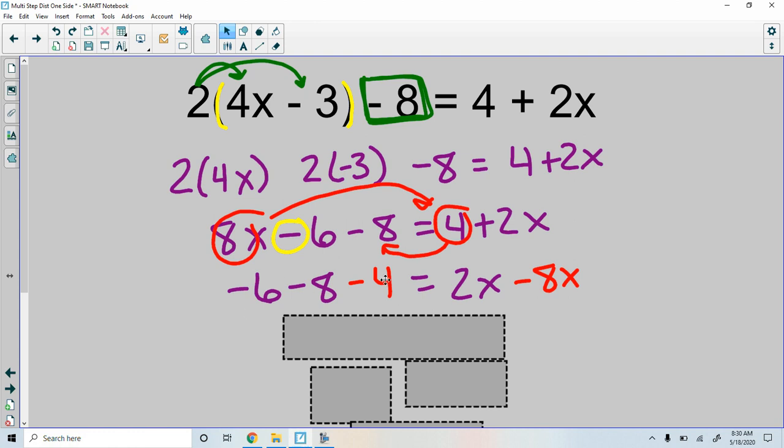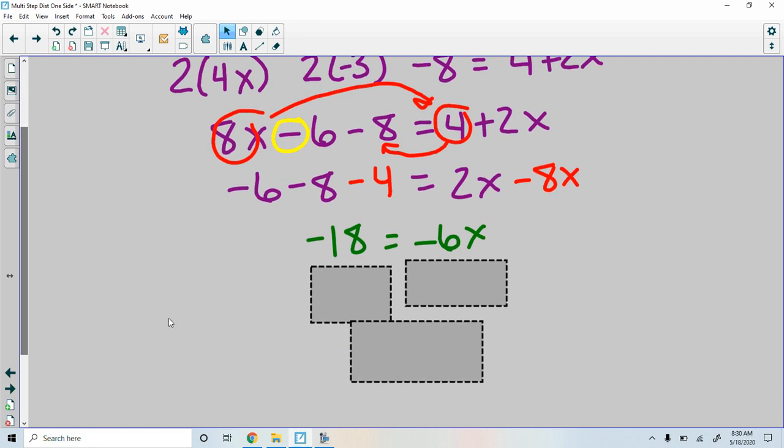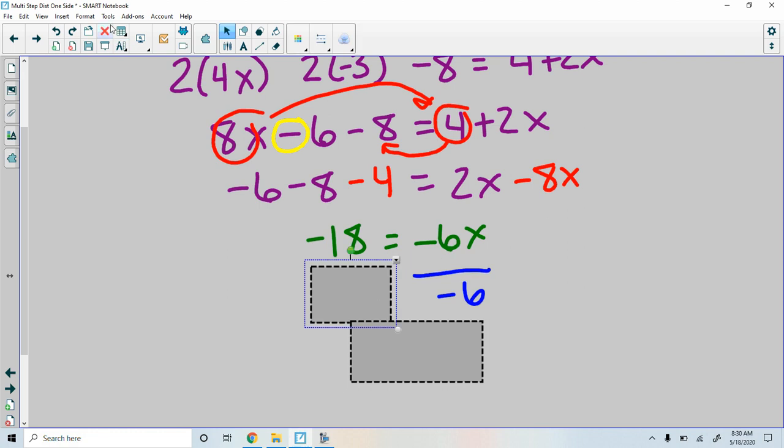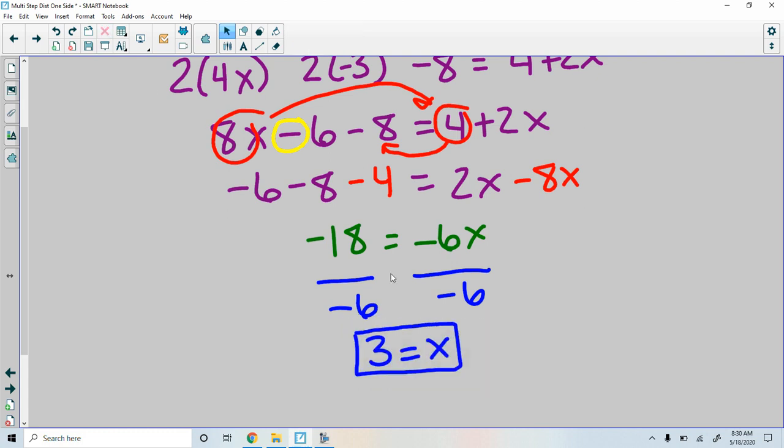I can put all these negative 6, negative 8, negative 4 together to get negative 18. 2x minus 8x, I just subtract 2 minus 8 and get negative 6x. Now I need to divide both sides by negative 6. Negative 6 divided by negative 6 is 1, so I get x. And negative 18 divided by negative 6 is positive 3.